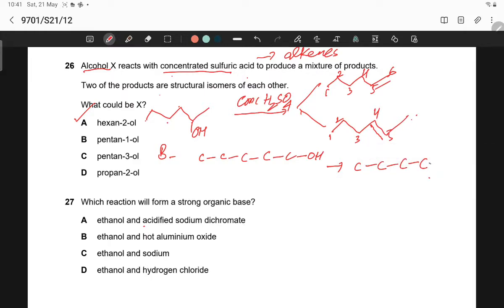So only one product is formed, and this is incorrect.